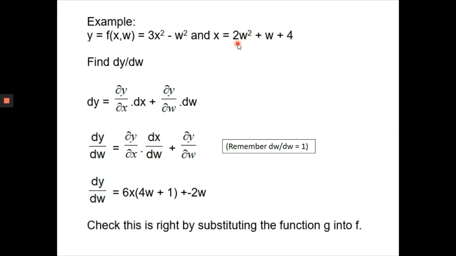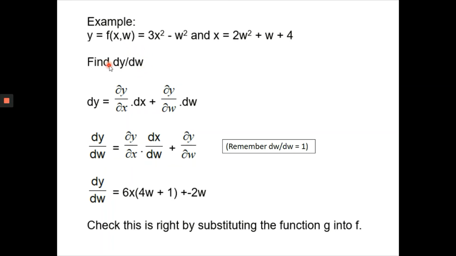So we can see that ultimately the change in y is being driven by w, both directly here as well as indirectly through x, given that x is a function of w. So you want to work out the total derivative dy/dw. You want to know the rate of change of y with respect to w.